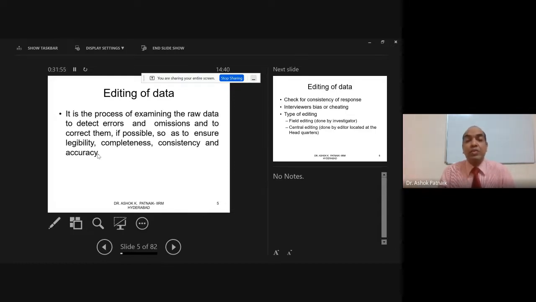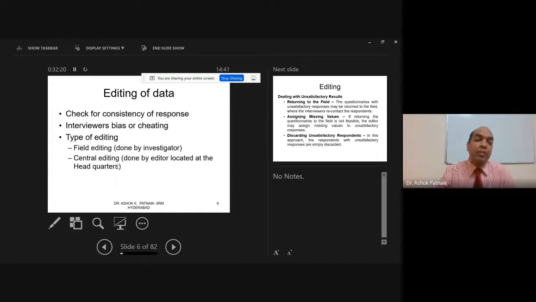Similarly, consistency. In some places he says, yes, I own a house, then he says, no, I am staying in a rented house. Then there is an inconsistency. Some places he says, yes, I am employed and drawing a salary, and elsewhere he says, yes, I am also taking the unemployment allowance from the government. These things you need to check in your questionnaire when you are doing the editing of data.